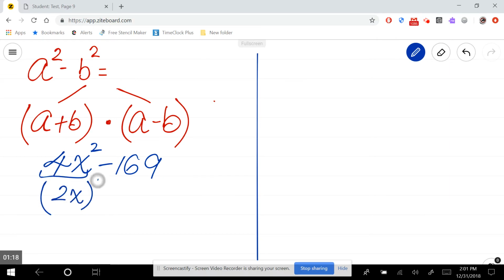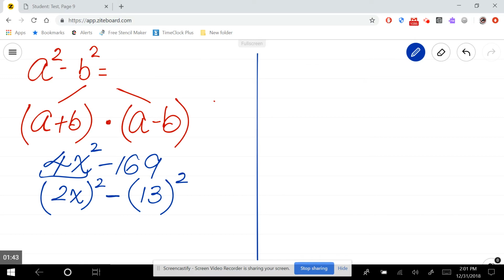Why 2x? Because 2 times 2 is 4 and x times x is x squared. Minus 169: which number when squared gives me 169? 13 is that number.